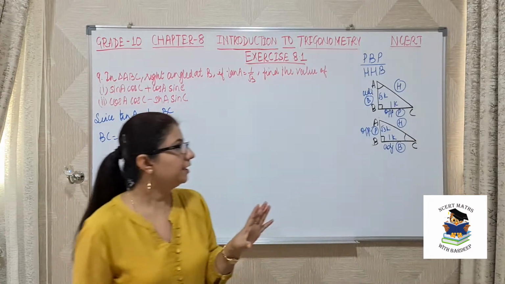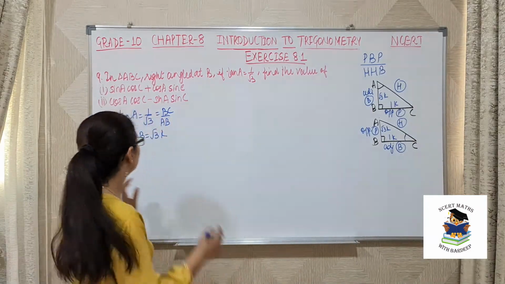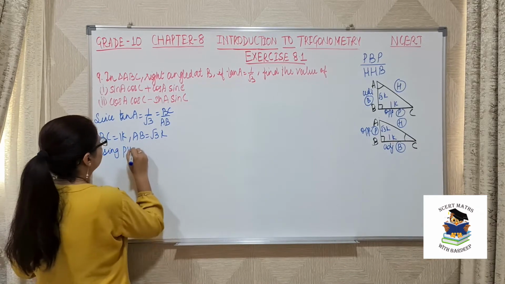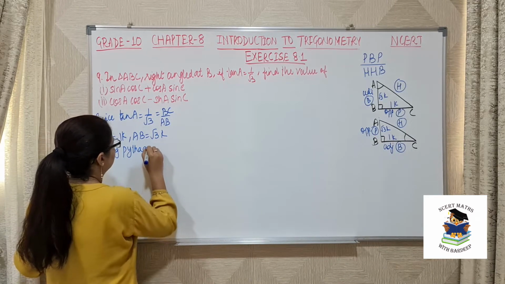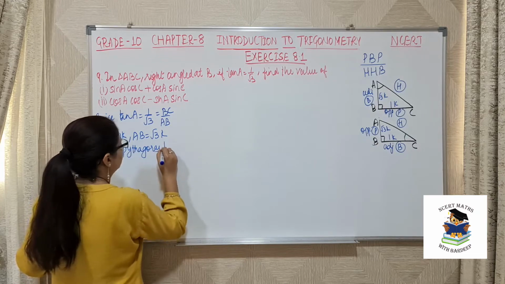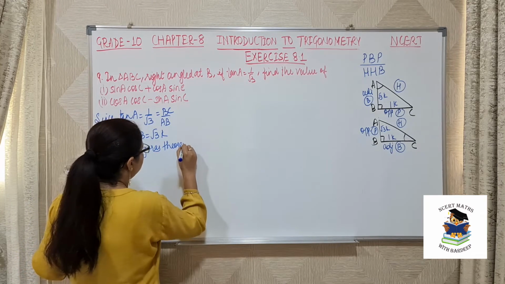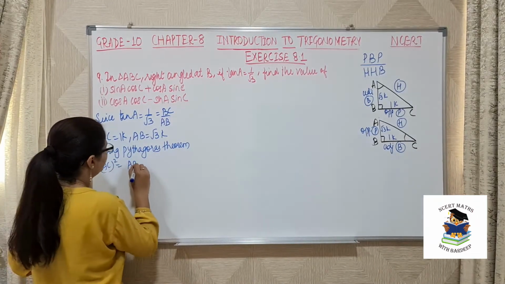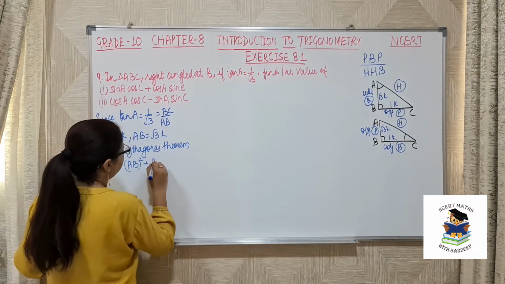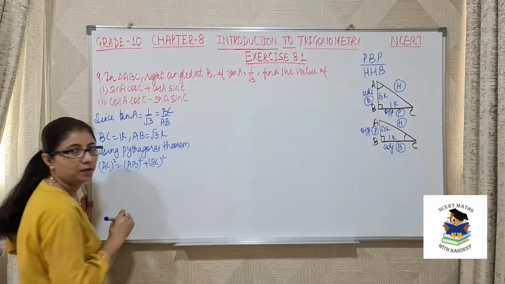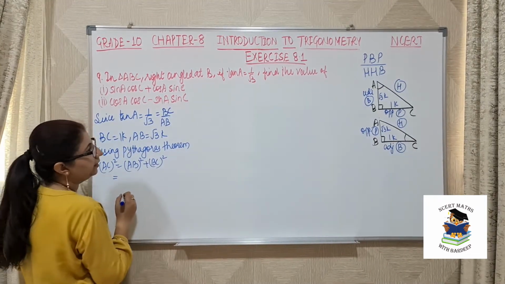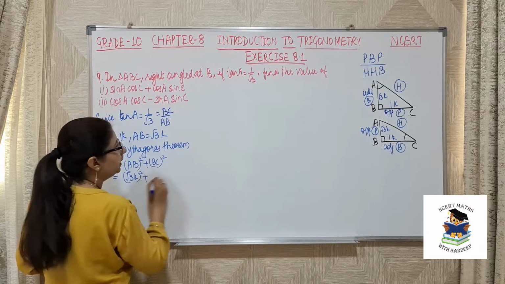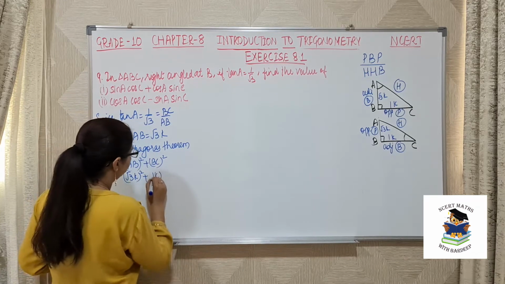So now first thing is we should find AC. So using Pythagoras, find AC. AC square is equal to AB square plus BC square. Okay. So now AB is root 3K whole square and BC is 1K whole square.